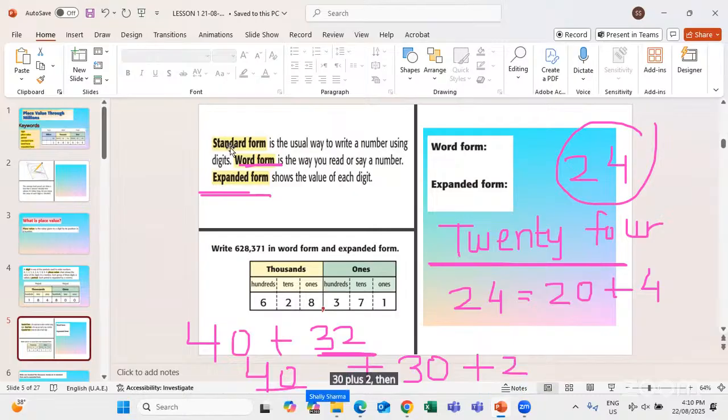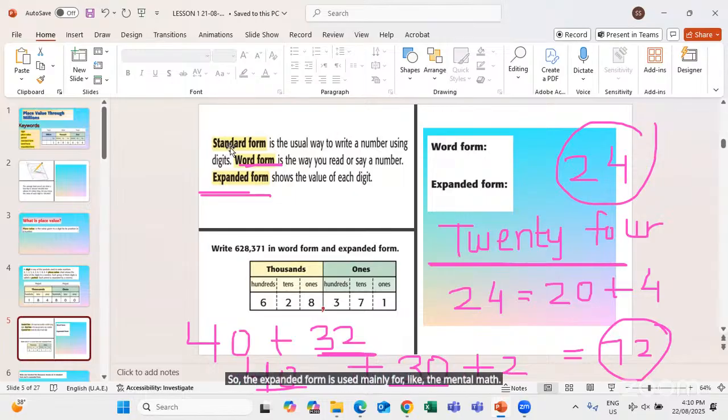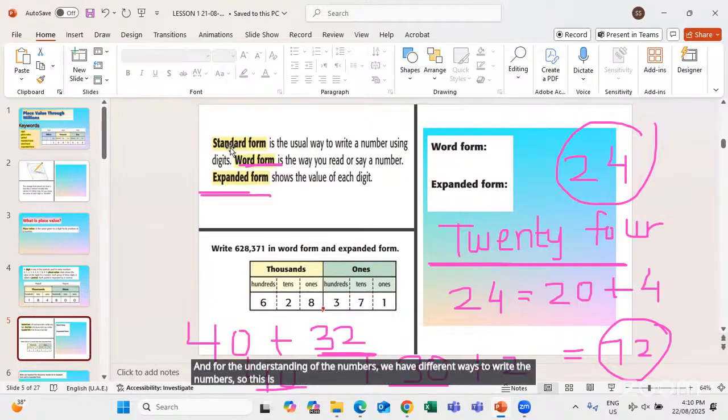Then I will add 40 and 30 because they have just tens, which is 70, and then two ones are there, so 72. So the expanded form is used mainly for mental math and for the understanding of the numbers. We have different ways to write the numbers, so this is one of the forms.